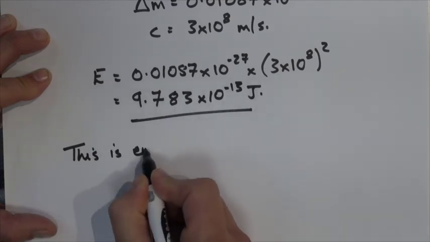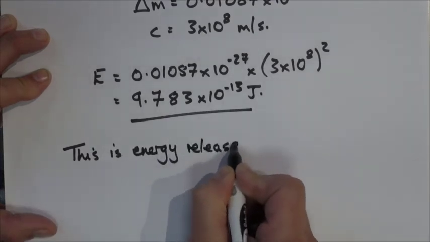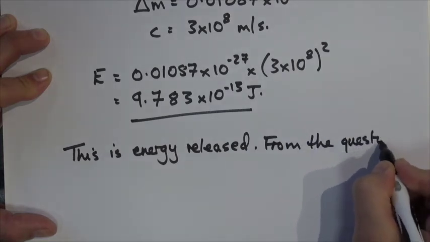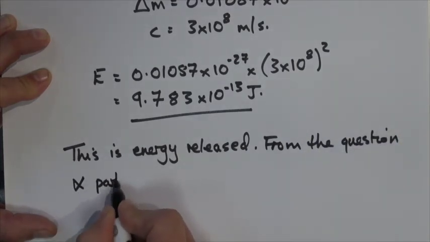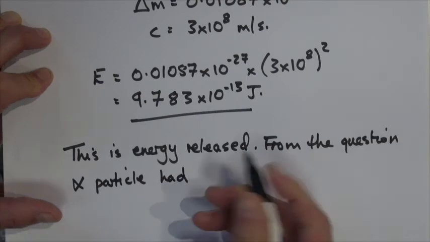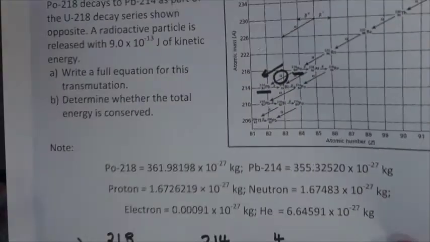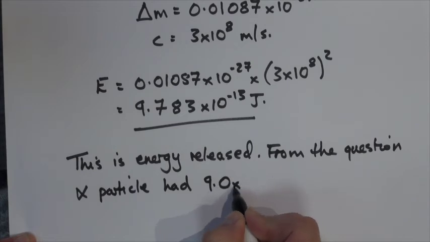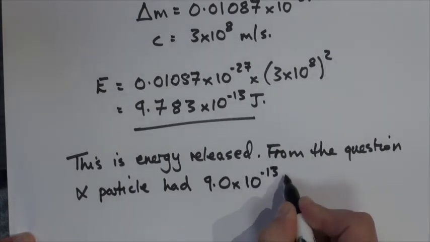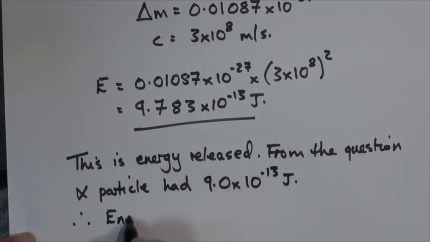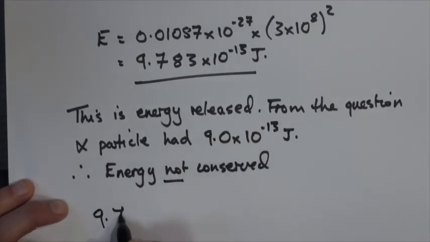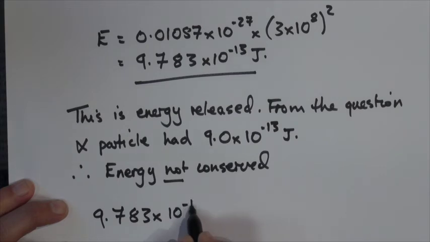Now I know from my question that there's a certain amount of kinetic energy given to the alpha particle. Let's just check it on the question, there it is, 9 times 10 to the negative 13 joules. So the energy has not been conserved because I've got some energy left over. As I stated, that energy is going to come off in the form of gamma radiation.